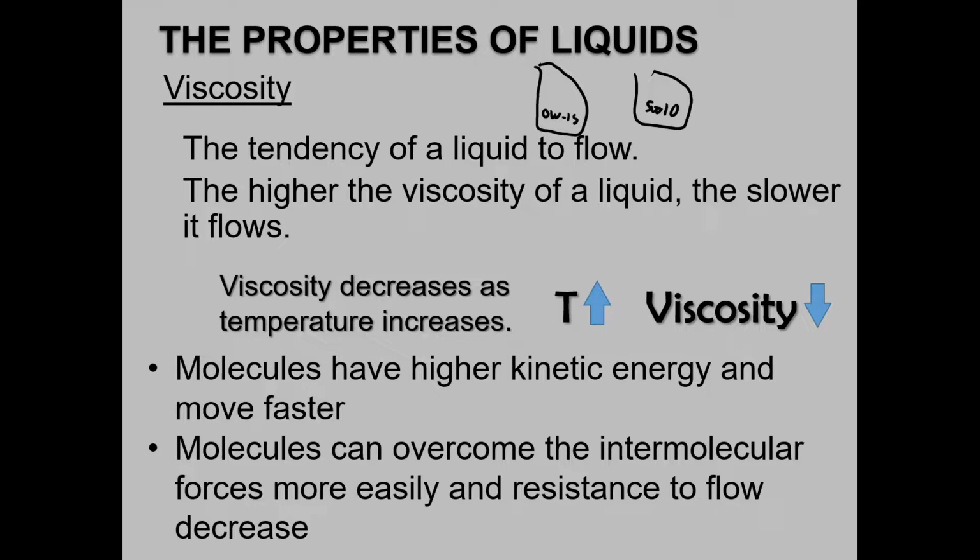Okay? Because different engine perlukan different kepekatan minyak. Ada engine perlukan minyak yang tak pekat sangat. Okay. So why liquid can have a viscosity, which is kepekatan. Okay. Kepekatan is an intrinsic characteristic of liquids, right?